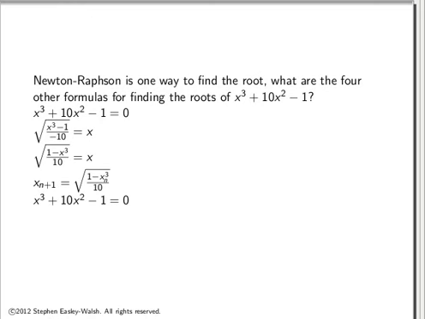So I get on the right 1 minus 10x squared. And then what would I do? Cube root, and that's another formula. So that's another fixed point. Well, that's 2. 2 down, 2 to go. What about the other 2?